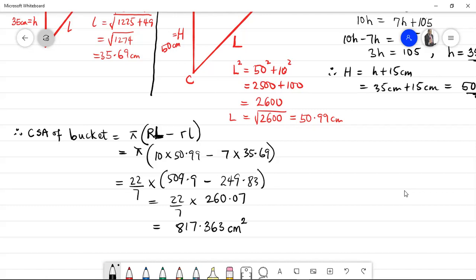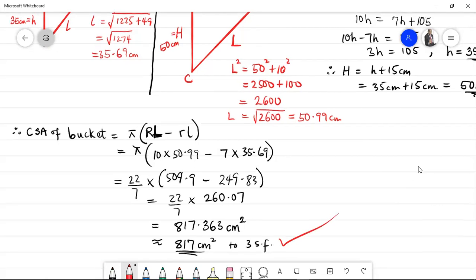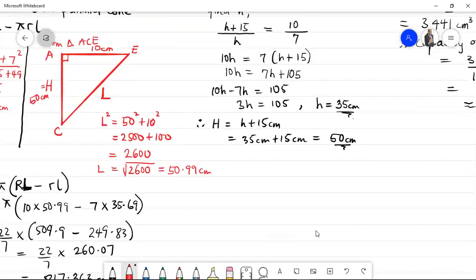So approximately, the final answer here is 817 centimeter squared, to 3 significant figures. And that is that, guys. At the end of this example, we have been able to calculate correctly and accurately the curved surface area of the bucket, and we also did calculate the volume or capacity of the bucket as well.